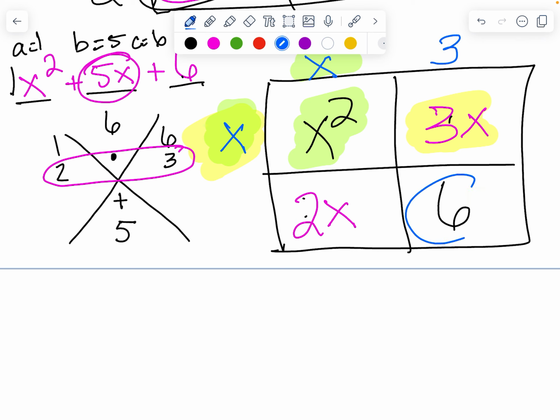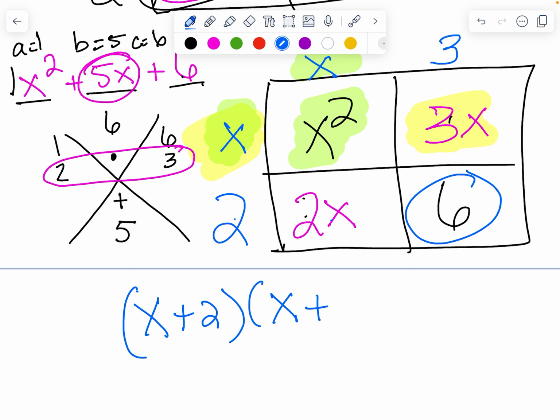And to get 6 is 3 times 2. Now we make sure: does 2 times x give 2x? Yep, that's correct. So there you go. And now you found your x plus 2 times x plus 3.